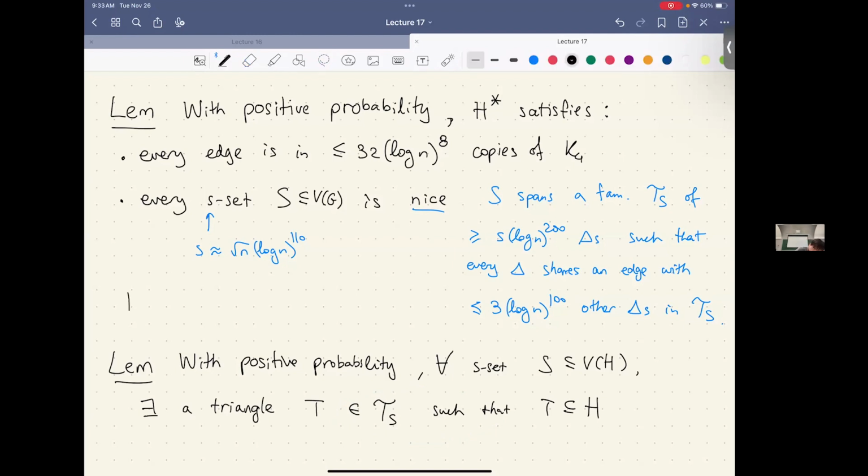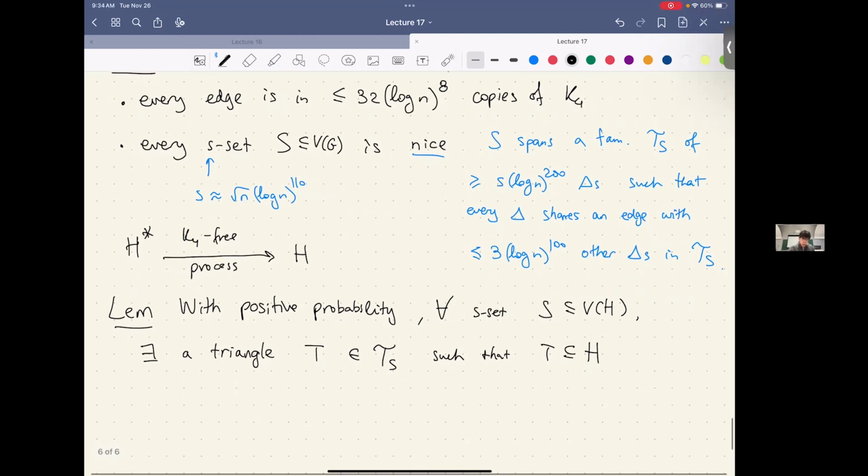Remember, we have H star, and you get H through this K4-free process. If we can prove this, we are done.